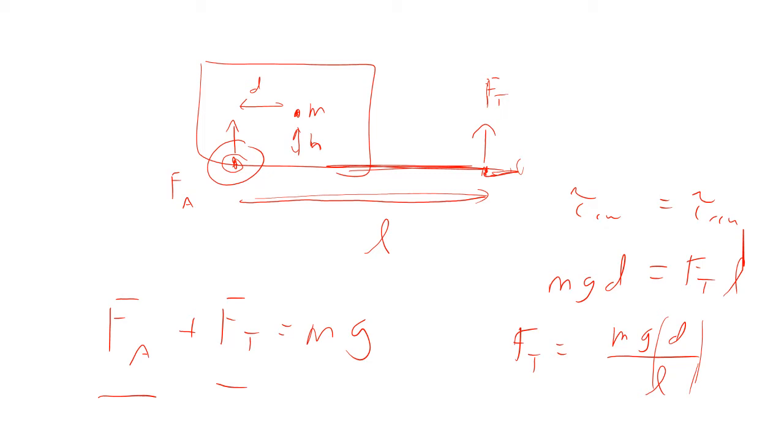If d is midway, then the trailer hitch and the axle both carry the same amount. Okay, so there you have the idea. And again, this relates to the idea of a lever.